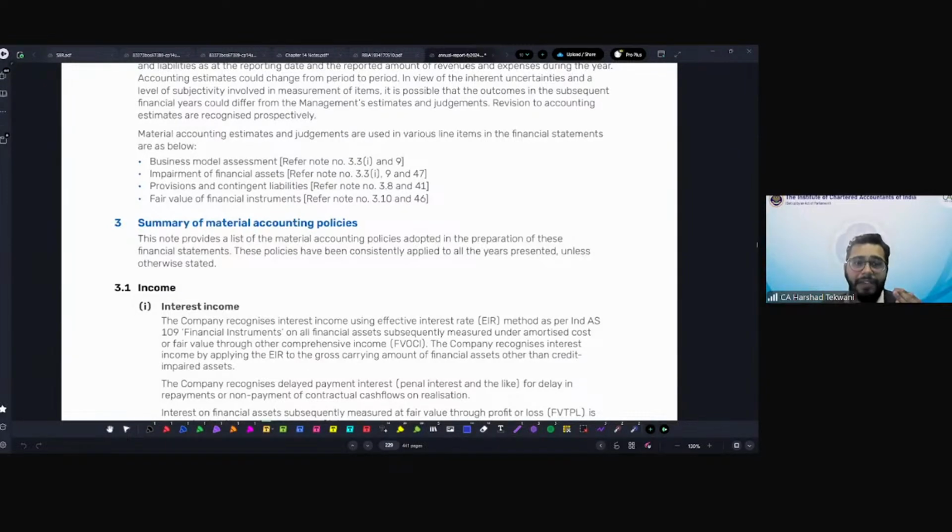Now here we have seen the independent auditor's report and the financial statement. But tell me one thing, is there any other reporting applicable for the bank apart from your independent auditor's report or the financial statement that we have seen?